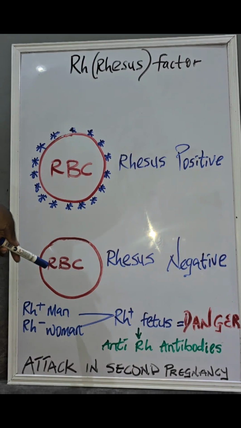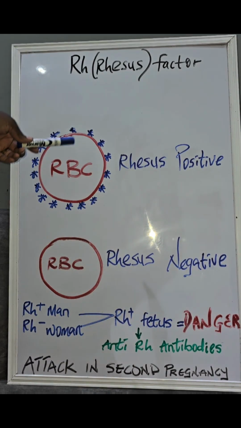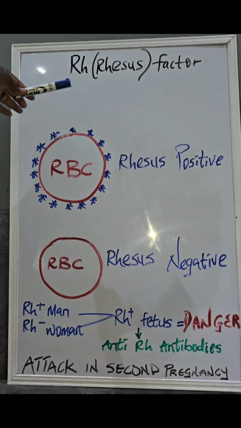The second diagram here is a red blood cell, but you can see that these blue stars did not surround that red blood cell, so this is described as Rhesus negative. So Rhesus positive is when this protein is found outside of the red blood cell, surrounding it, and negative is when it is missing.